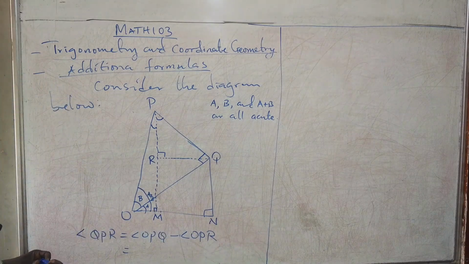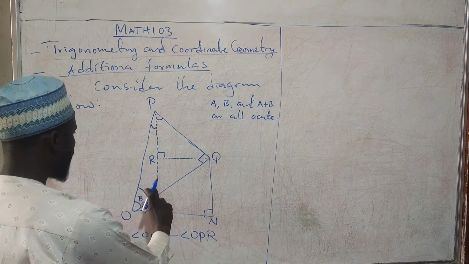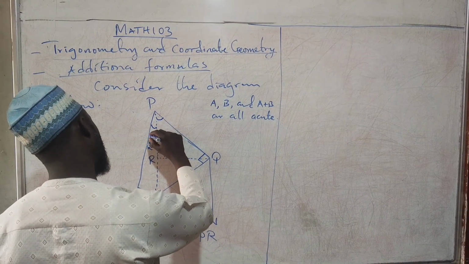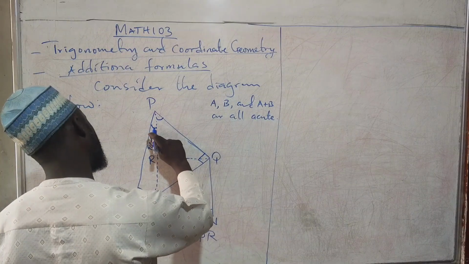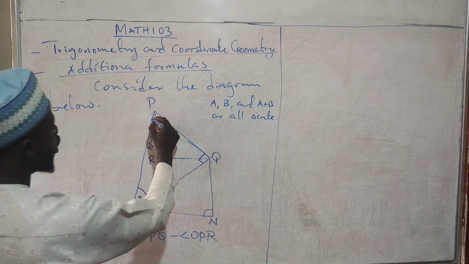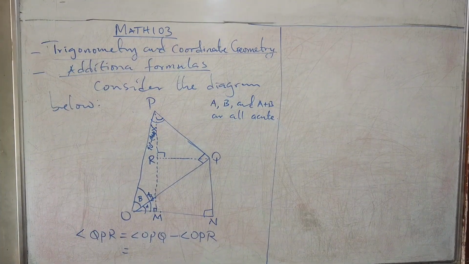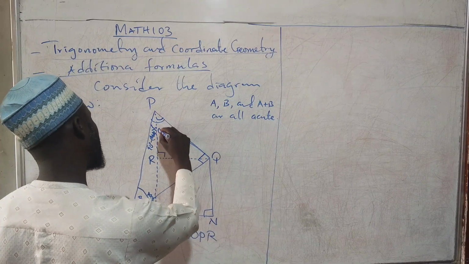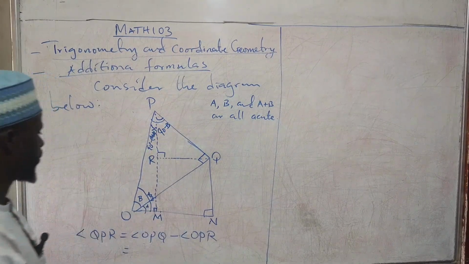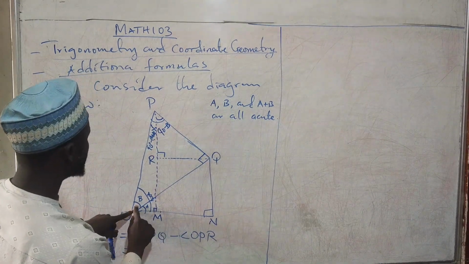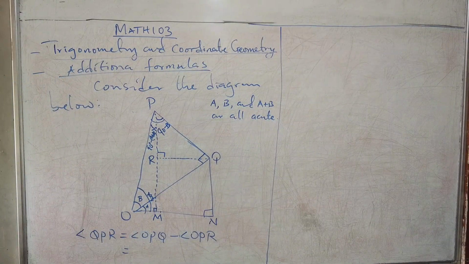So we are dealing with A plus B, and so this angle will be 90 minus A plus B. Also, the whole of this angle, in terms of angle B, will be 90 minus B, because this is the triangle we have. Here is 90 and here is B, so the whole angle will be 90 minus the angle B.